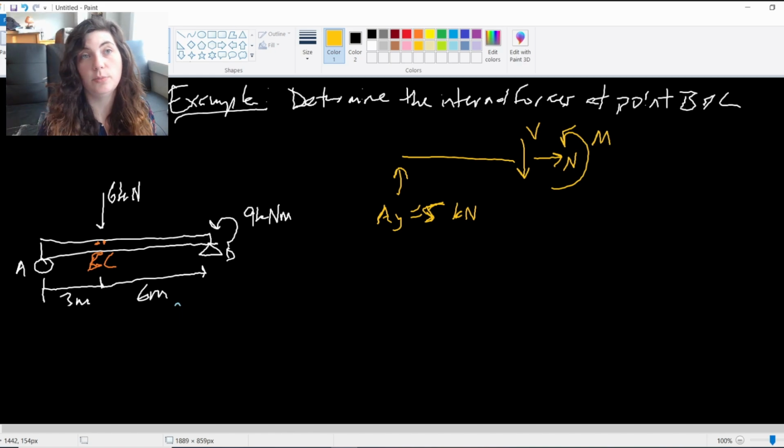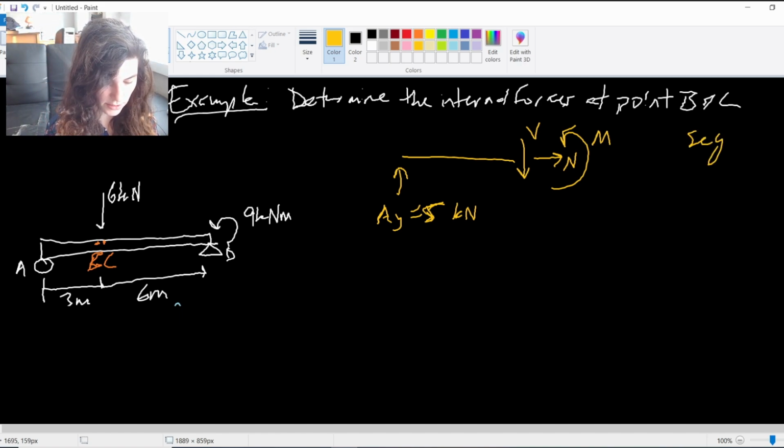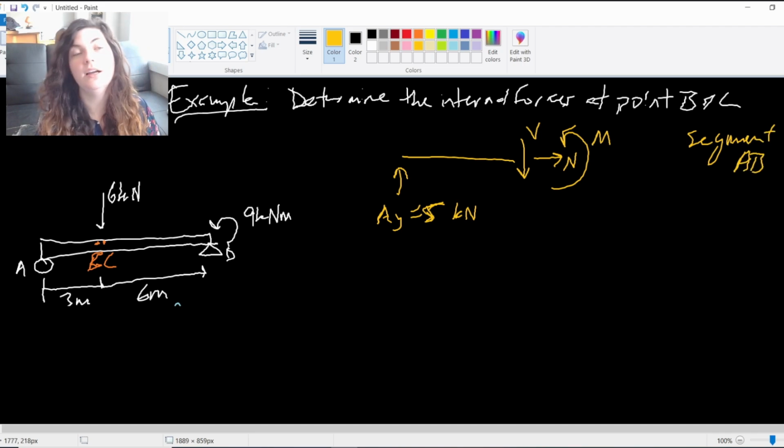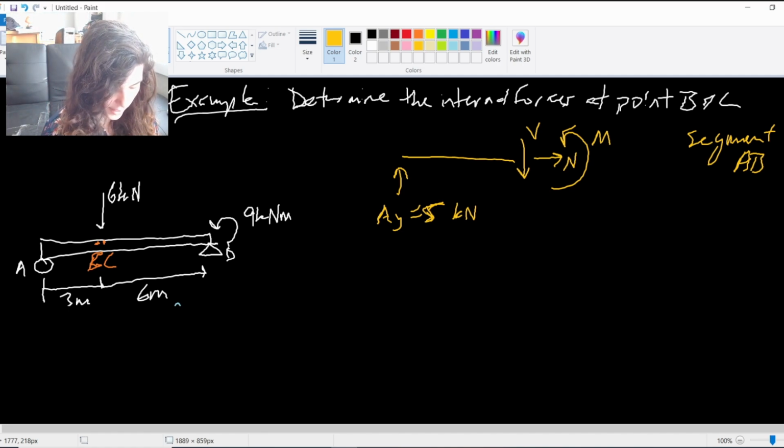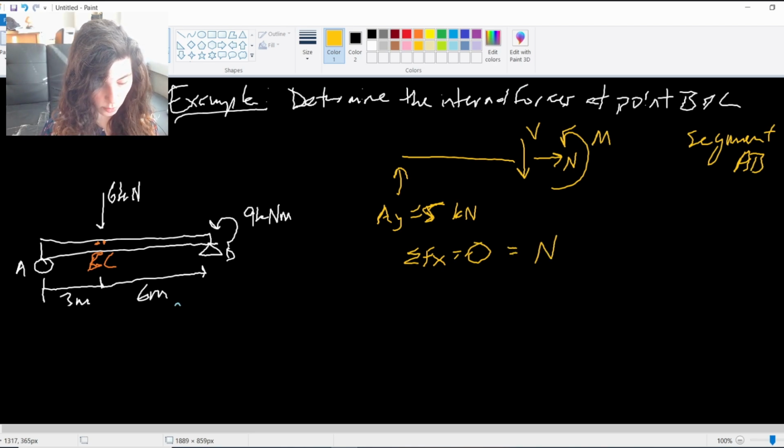So again, now with this free body diagram from segment AB, I have my 3 unknowns and 3 equations, so I can go ahead and solve, right? Again, by inspection, if I do the sum of my x forces equals 0, I'm again going to get the normal force is 0.